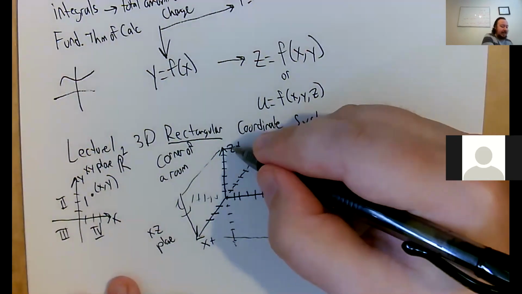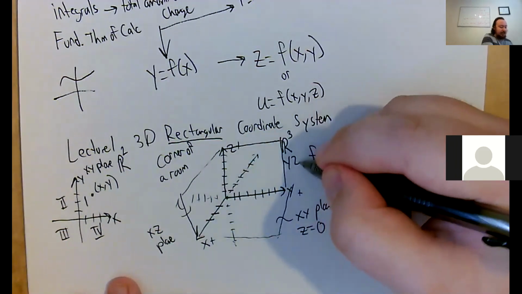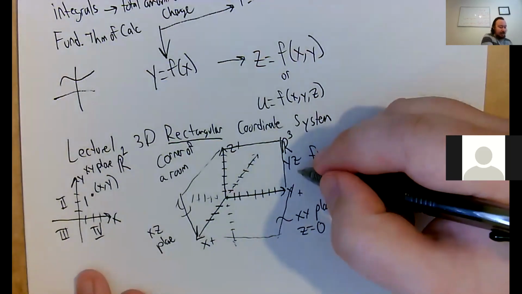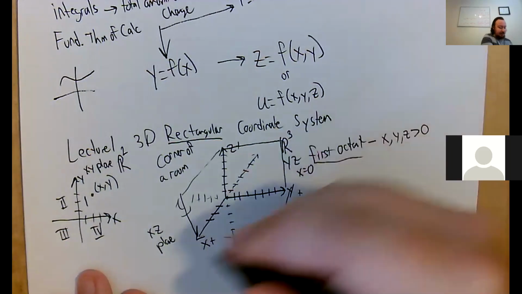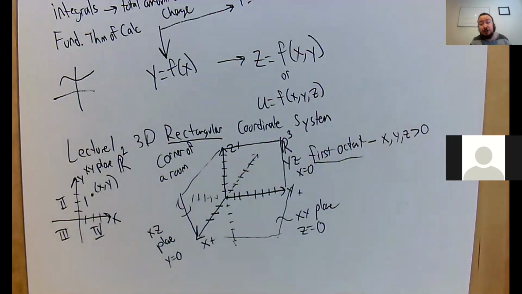And then finally, the last plane we have, the YZ plane. You can imagine these as like the walls of the room where this is a corner. And on this one, we're going to have that X is equal to 0. So the way to remember this is the variable that wasn't mentioned in the name of the plane, that's going to equal 0.